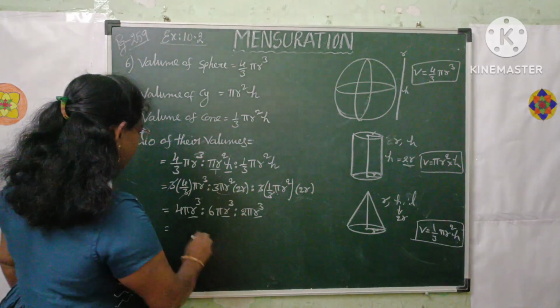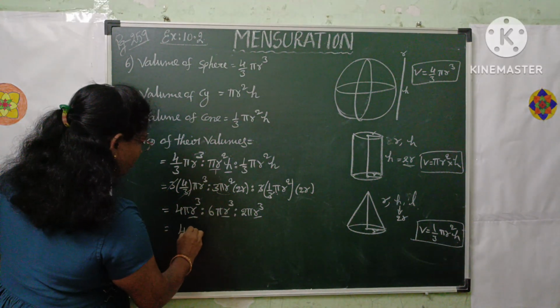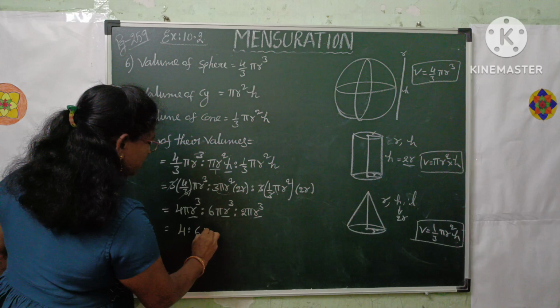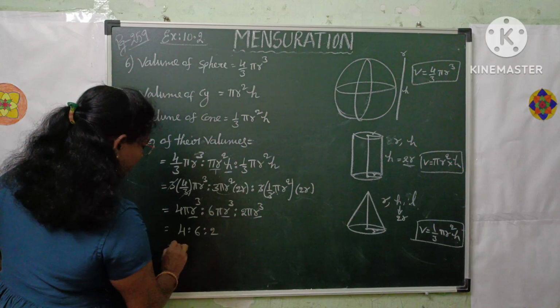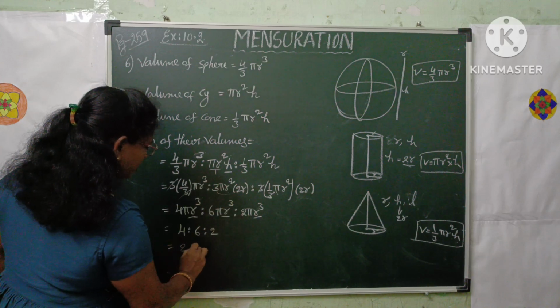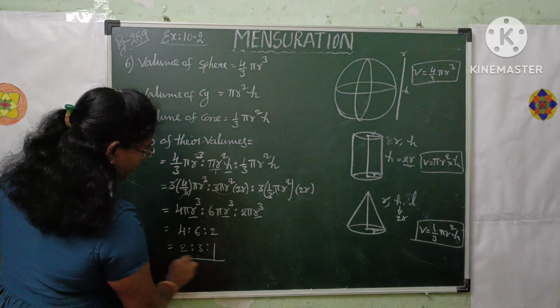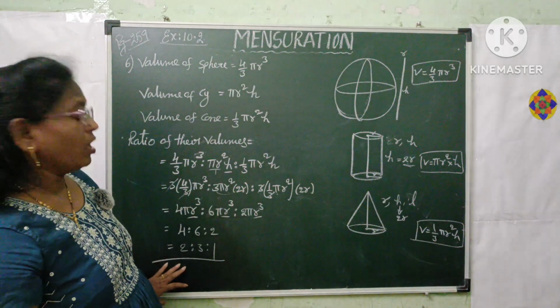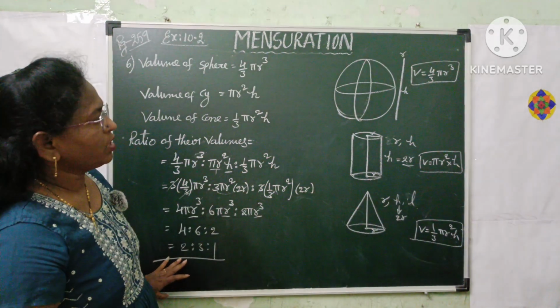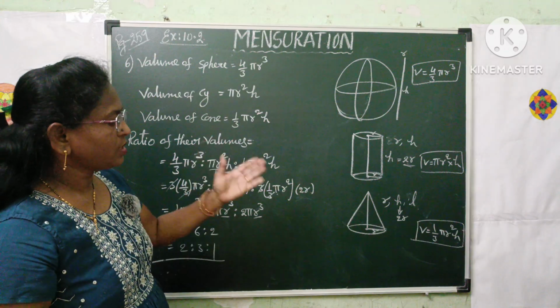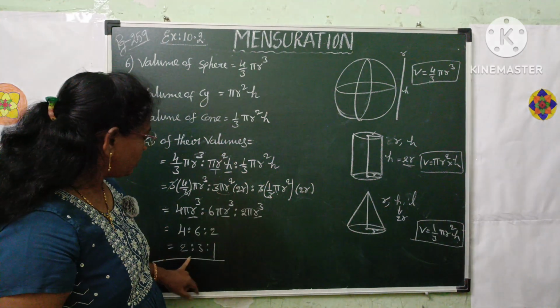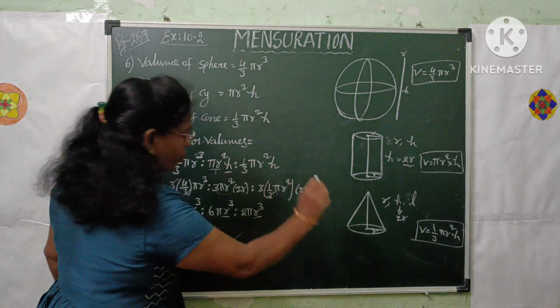So we cancel, and 4 is to 6 is to 2. Again dividing by 2: here 2 times, here 3 times, here 1 time. So the ratio of their volumes, sphere, cylinder and cone, is 2 is to 3 is to 1.